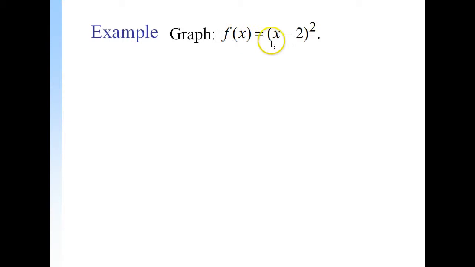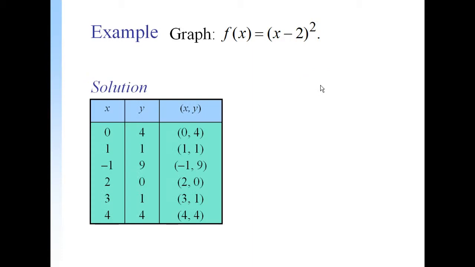And we want to graph now this one. So what have we done? Now notice a here is going to be a 1. And we've added a -2 to what we will square. Okay. So we put in 0 and we get various points.